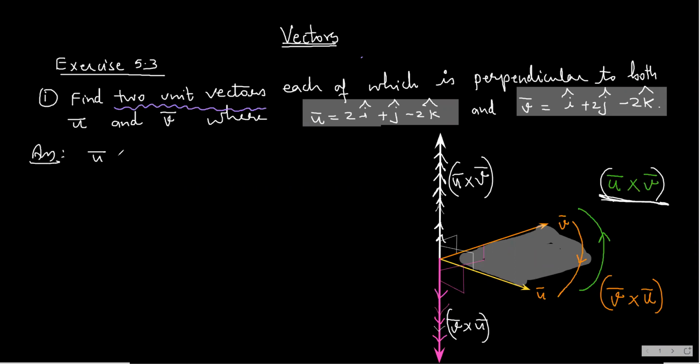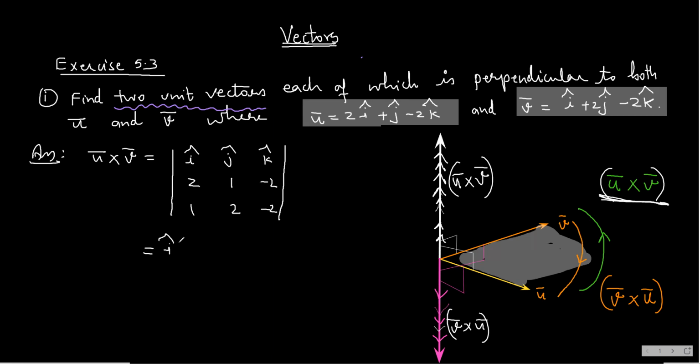I will write U bar cross V bar equals determinant I cap, J cap, K cap, then 2, 1, minus 2, 1, 2, minus 2.